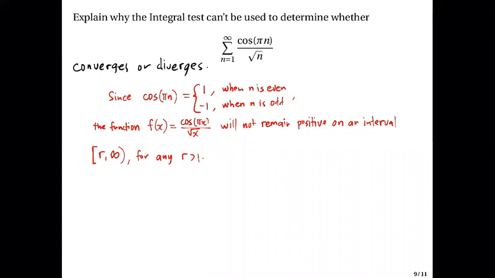So whatever interval you use, this function will never remain positive. So you cannot use integral test. Integral test cannot be applied.